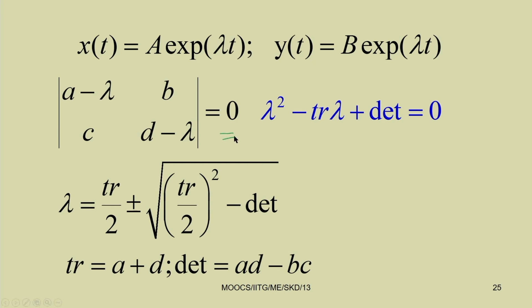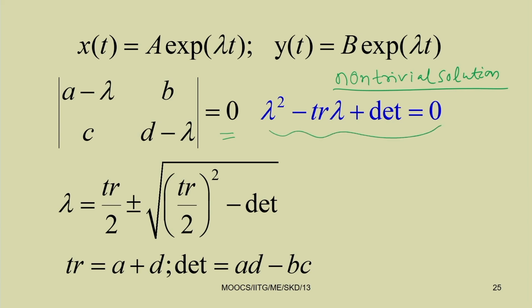For a non-trivial solution, that is, when x is not equal to 0, the determinant of [a minus lambda, b; c, d minus lambda] must equal 0. So, (a minus lambda)(d minus lambda) minus bc equal to 0. This can be written as lambda square minus trace lambda plus determinant equal to 0.